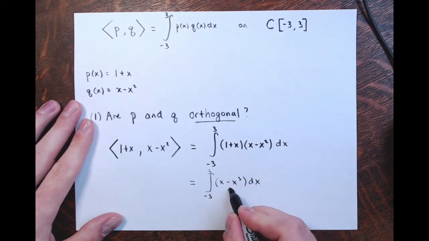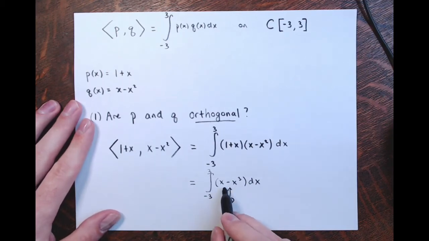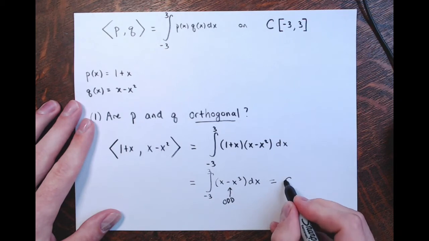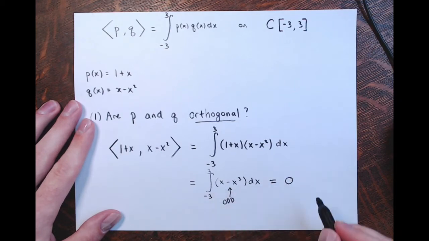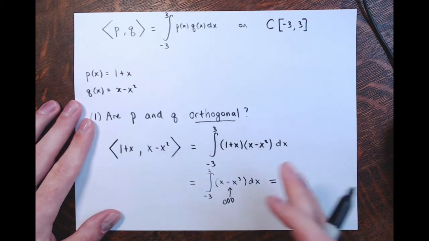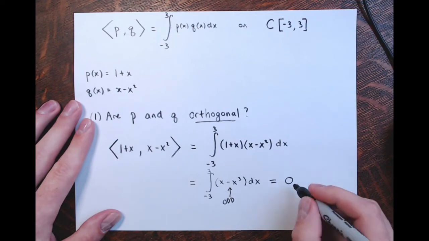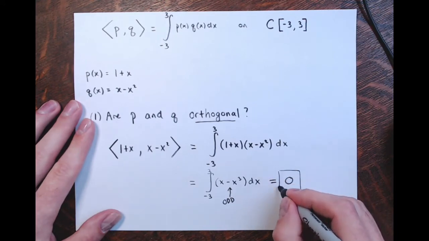And you may notice that this is an odd function, all the terms are odd powered. You may recall from a calculus class that if you integrate an odd function from -a to a, that's 0. You could finish it off by doing the antiderivative, plugging in 3 and -3, and subtracting. But this is 0.